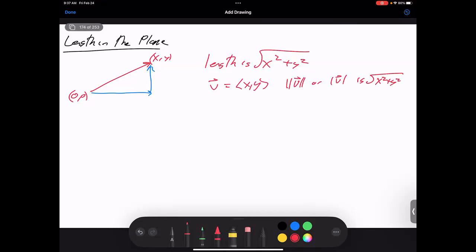But in some sense, when we first learned the absolute value, we did it for real numbers. If it was a positive number, the absolute value was just the number. If it was a negative number, it was the negative of that. And then we might have generalized the absolute value for complex numbers. If I give you A plus IB, the absolute value would be the square root of A squared plus B squared. That's essentially what's going on here.